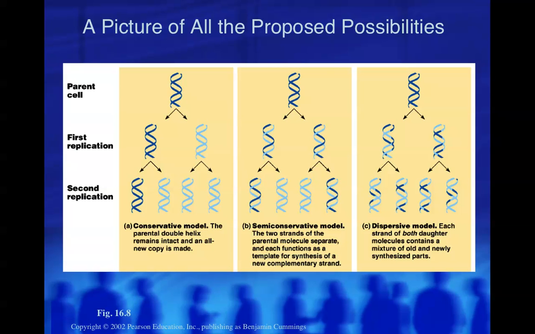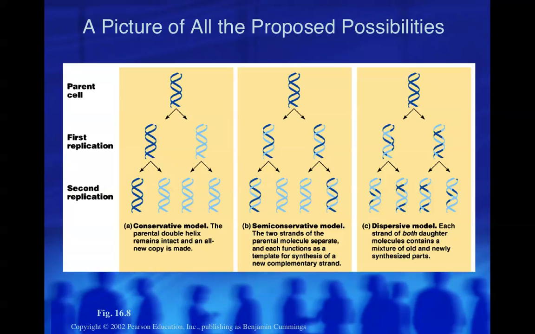So you have the conservative model, which if you look at it, shows that it's basically photocopying the DNA. So you have your parent cell that has the darker, and then your first replication, you have a full parent, and then a new one, and then the second replication, you get the same thing. Semi-conservative, it's basically the 2 strands separate and each strand copies.